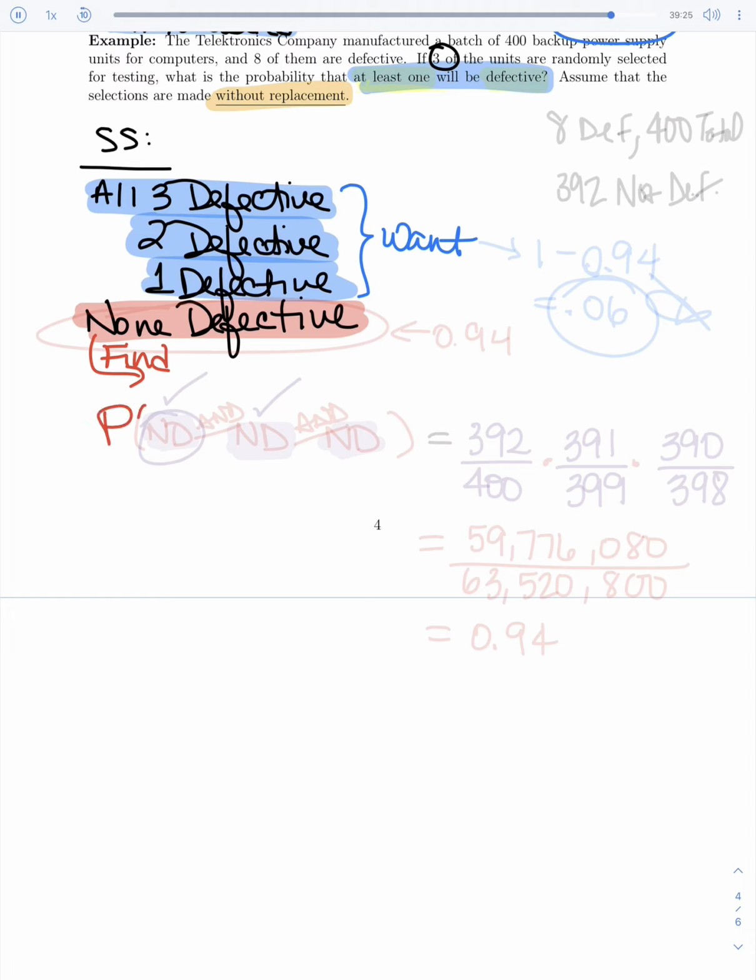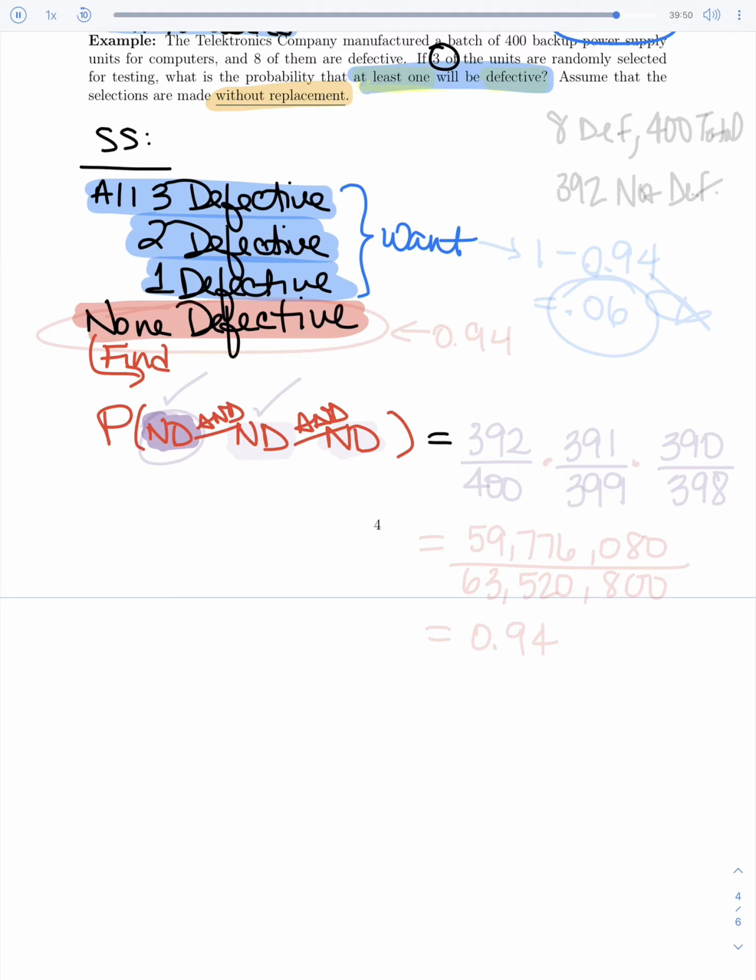So we're finding the probability that all 3 are not defective. And again, we're going to stick the words "and" in the middle so we remember that we're multiplying. So let's find the probability one by one of these not being defective. Well, what's the probability of the first one not being defective?